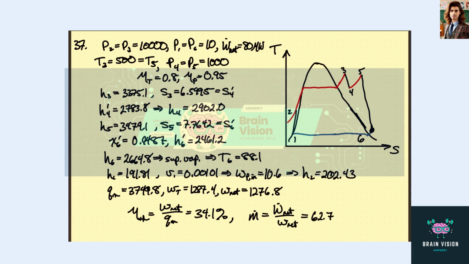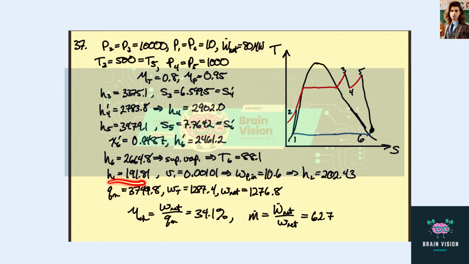Now, because we have the enthalpy and the pressure, we can get the temperature, and the temperature there is 88 degrees Celsius. Now we know the pressure, and we know it's a saturated liquid here, roughly.